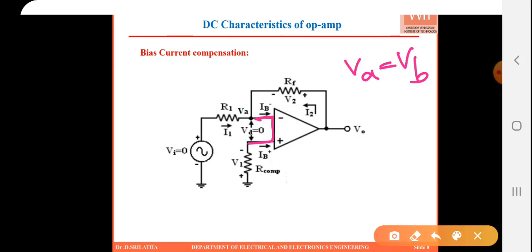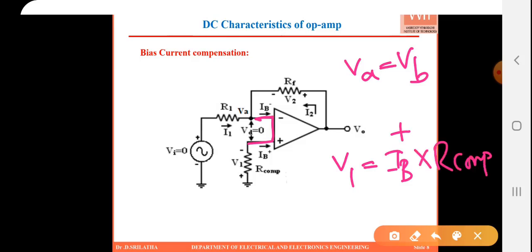So here we can write the compensating resistor voltage: V1 is equal to IB plus into R compensation. Okay, this is V1.